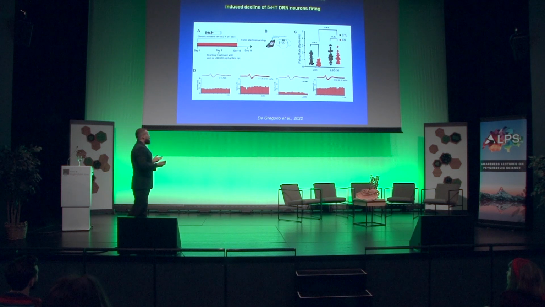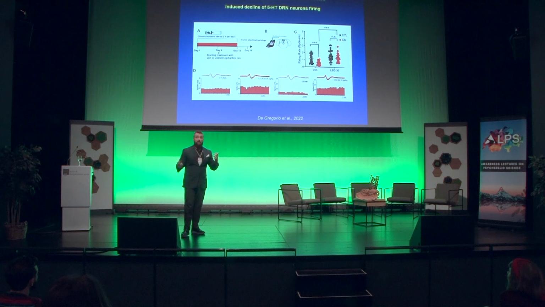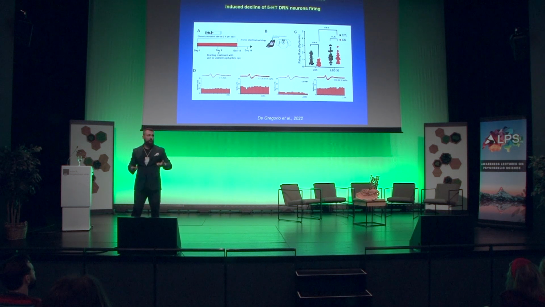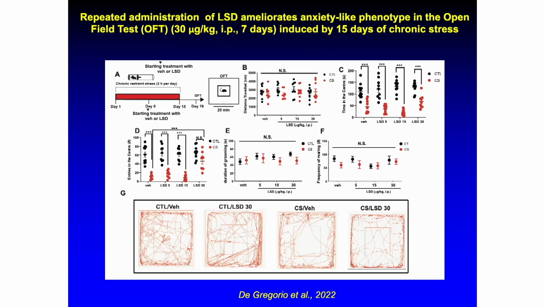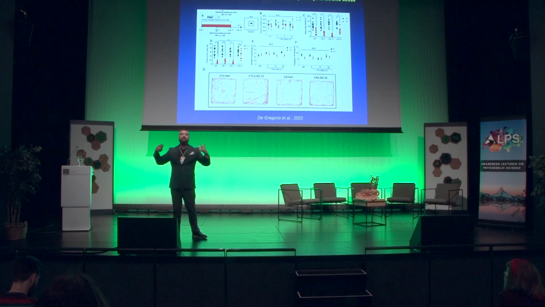We coupled those electrophysiological experiments with some behavioral tests because, of course, you are not able to ask the animals how they're feeling. So you perform some behavioral tasks, and one of these, I will not go into so much detail. We perform different behavioral tests, but this is just the most clear. To assess anxiety, you put the animals in this open field arena, and what you measure is the time and the number of transitions in the center of this arena, because an open arena is extremely anxiogenic for an animal.